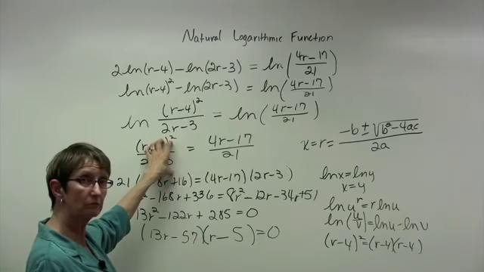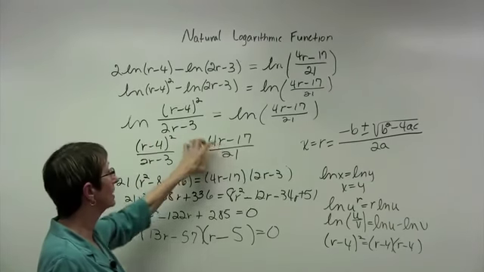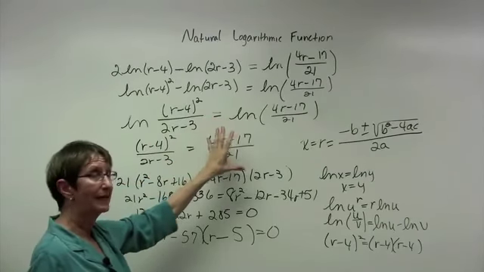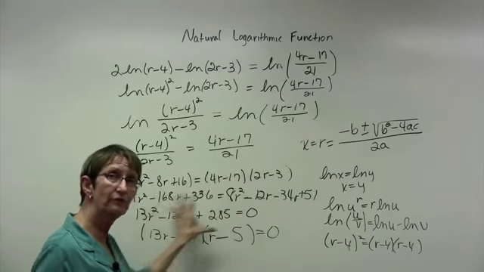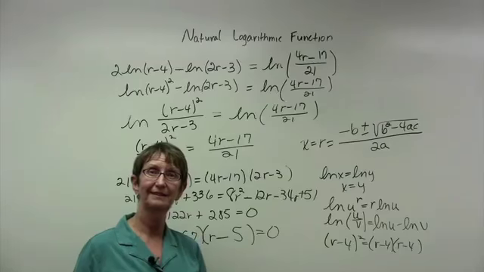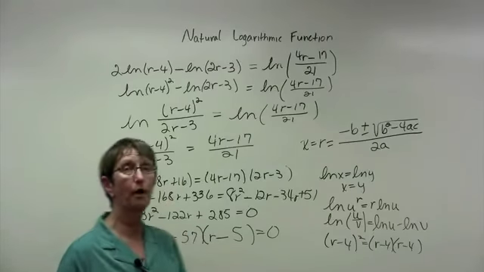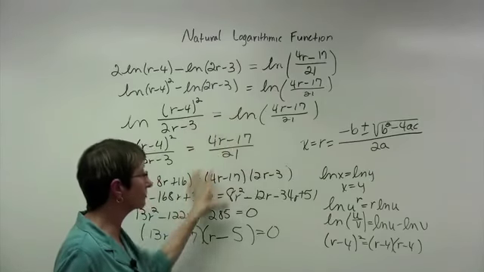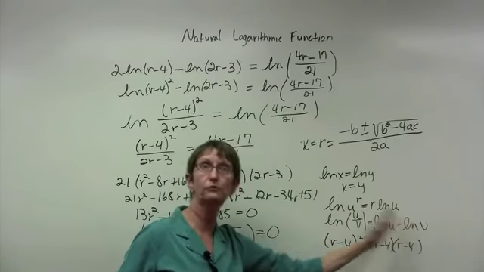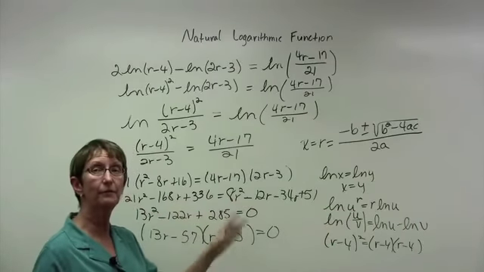This whole side would be 0. If r equals 4 here, you don't get 0. So then you would test the next value, and you would not have to actually go through the factoring or the quadratic formula. So that's something else you can do with a problem like this that starts off looking very complicated, but as you work your way through it, working backwards from your logarithm properties, this is something that you can do.